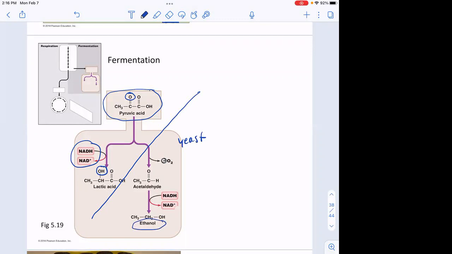There's a lot of energy left in that end product, but without oxygen, that's pretty much all the energy that the cell can get out of it. Again, recycling that NADH. Here we get a little carbon dioxide. It's very common to have some kind of gas as a byproduct of a fermentative pathway, but not always.